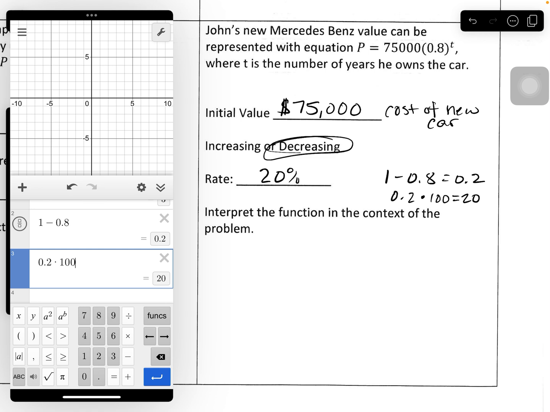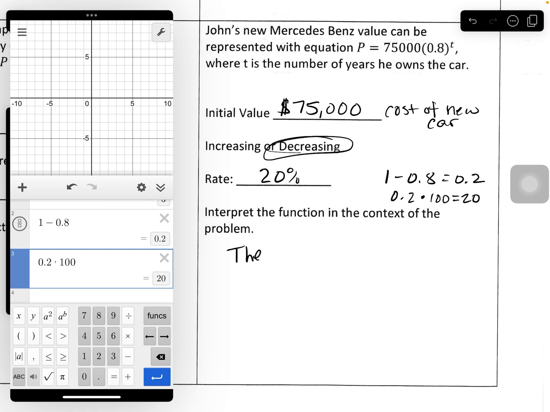Okay, so for this example, we're talking about the value of this Mercedes-Benz, which starts at $75,000 and then decreases at 20% each year, which is exactly what we're going to write for the interpretation.